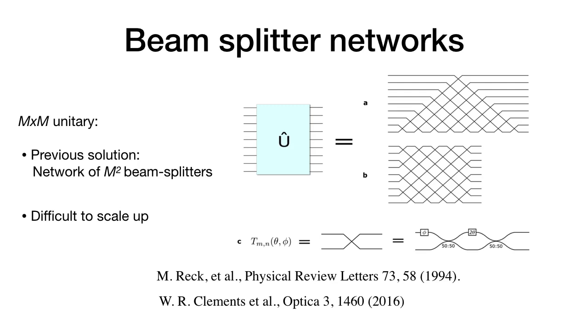The problem with this solution is that it's difficult to scale up. It's difficult for technical reasons to build a photonic circuit made of a very large number of beam splitters. And when m grows, the number of beam splitters grows quadratically, which makes it very hard.